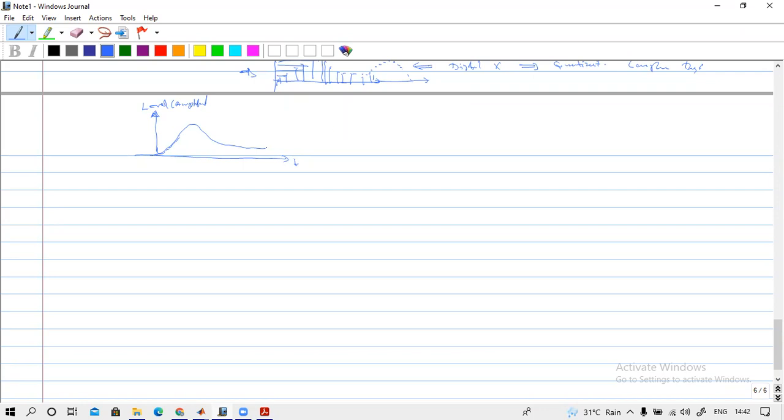Now you send this signal through some kind of switch, and at the output you are collecting the received signal. What you do is turn this switch on for a very small duration.